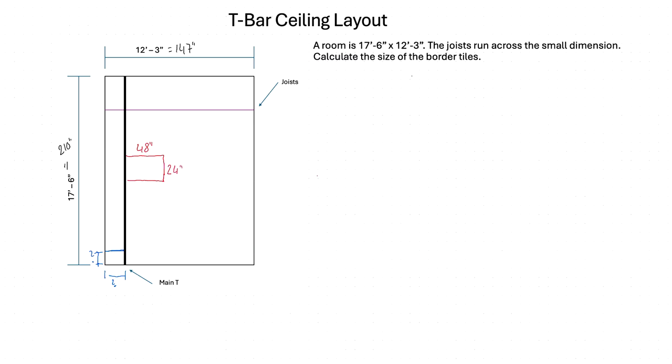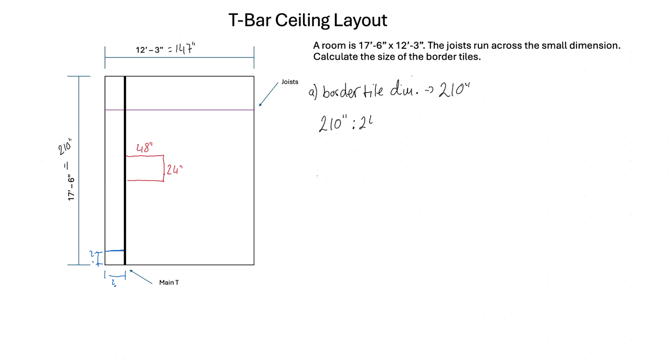Okay, so let's start with the first one. We want to find the border tile dimension in the 210-inch direction, so that is the long way of the room. We take the length of our room, 210 inches, and divide it by the width of our panel, which is 24 inches.